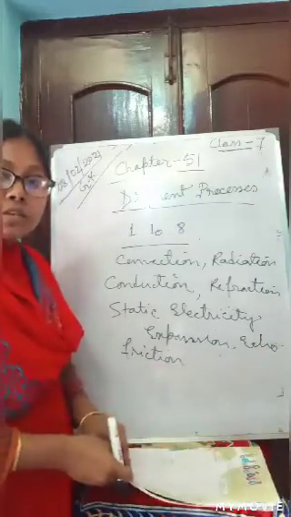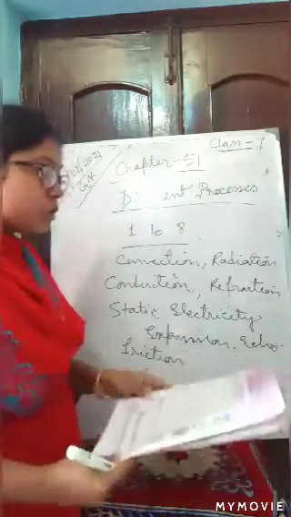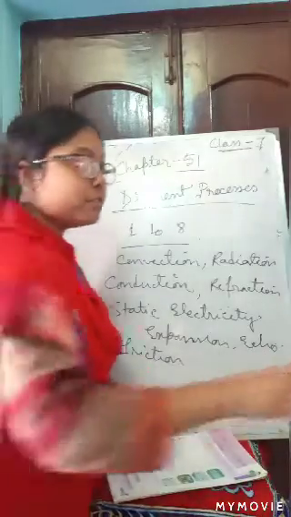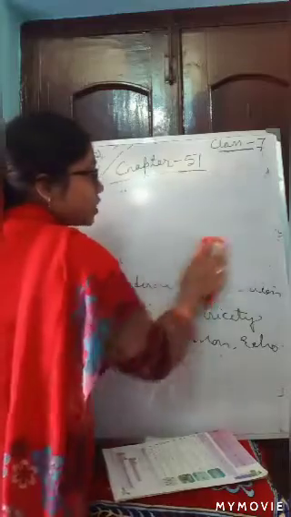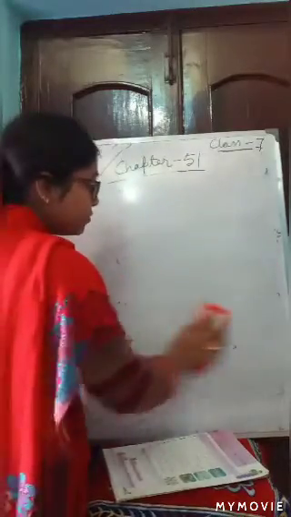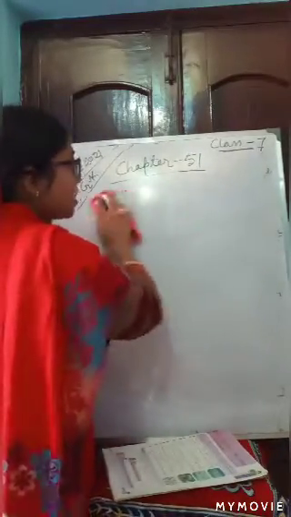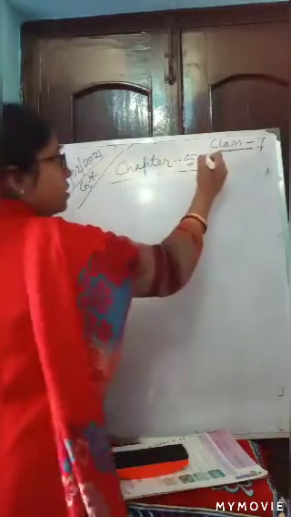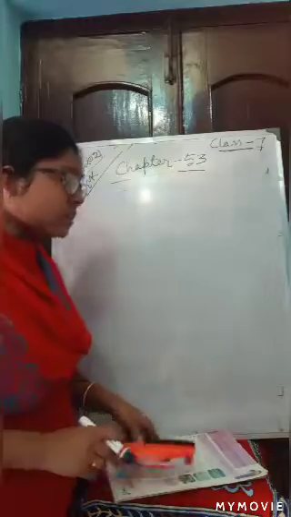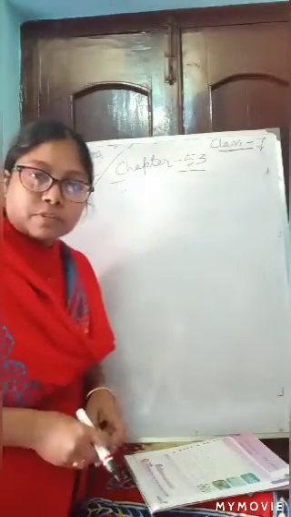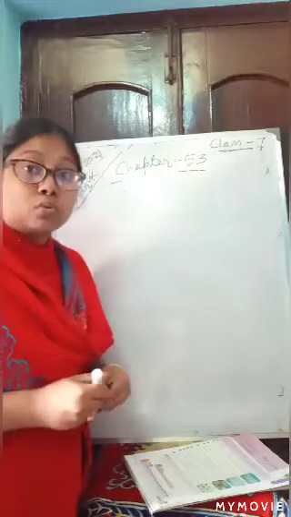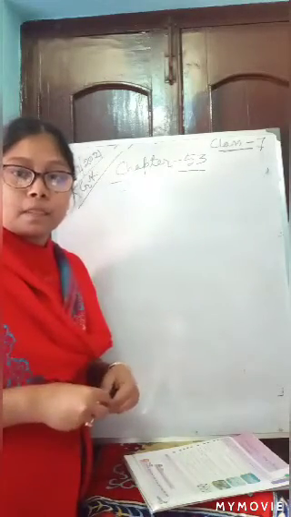We'll move towards the next one, chapter 53. As I said, chapter 52 needs no work. In chapter 53 we will come to know a little about the continent Antarctica. It is situated in the southern hemisphere, and it is known as the coldest continent.